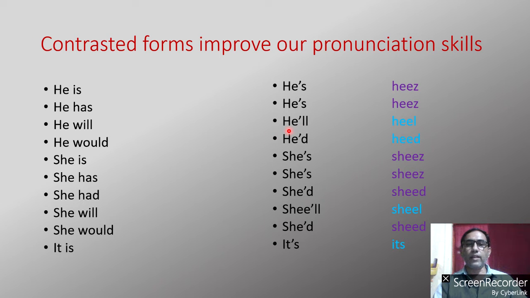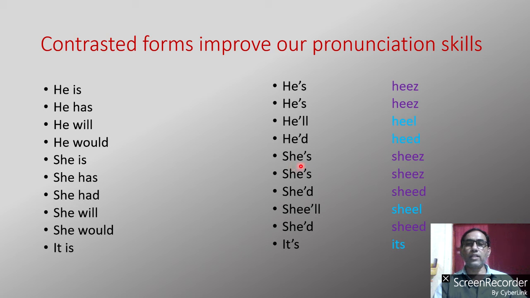He will is he apostrophe ll. You have to pronounce it as he'll. Next, he apostrophe d, like he would or he had, is also pronounced the same. Its pronunciation is he'd.